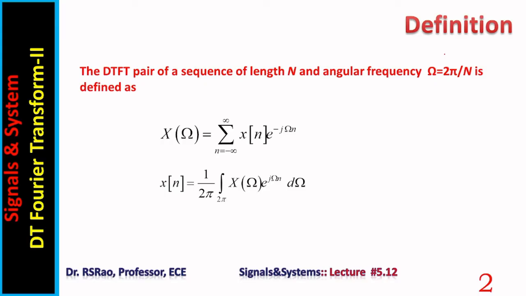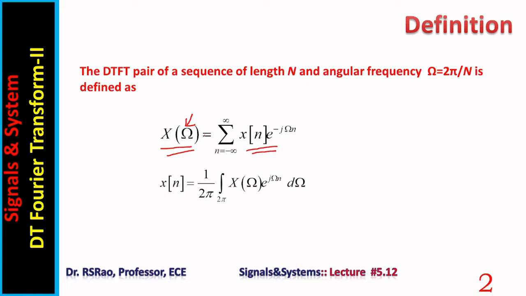We start the session by recollecting the definition of DTFT of a sequence. DTFT of a sequence x of n is usually indicated by X of omega. Omega stands for angular frequency.